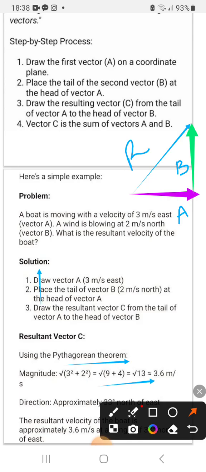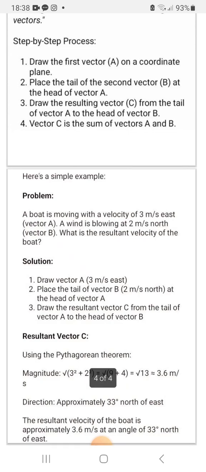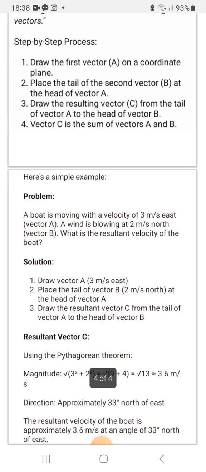With the help of tan inverse, you can find its angle, which is approximately 33 degrees north of east. So the answer for vector C is 3.6 meters per second at an angle of 33 degrees north of east. So here's how you will solve simple life problems regarding the head to tail rule. Thank you.